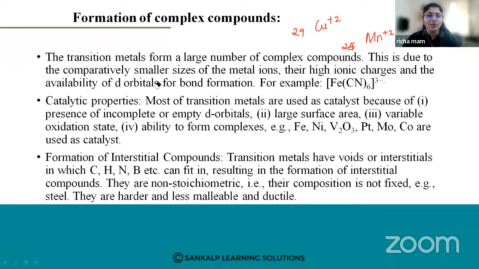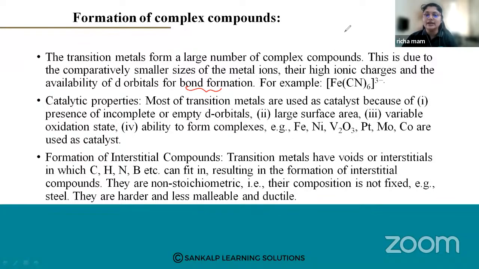So that is another point for formation of complex compounds. What things do you have to remember? Transition metals form complexes due to the smaller size of the metal ions and high ionic charges, and because of the availability of d orbitals they can form bonds.